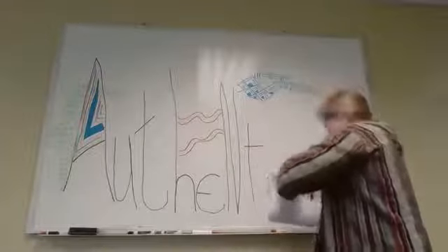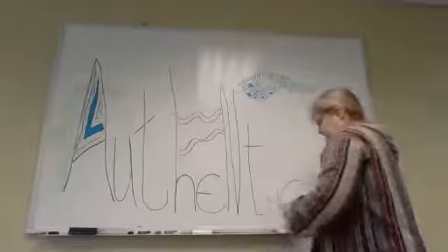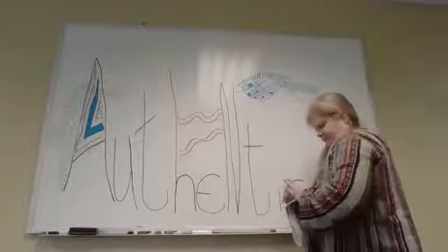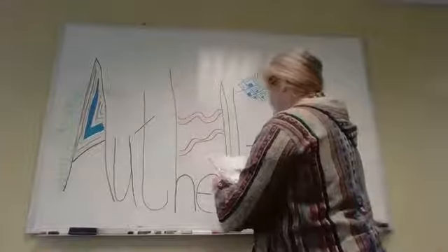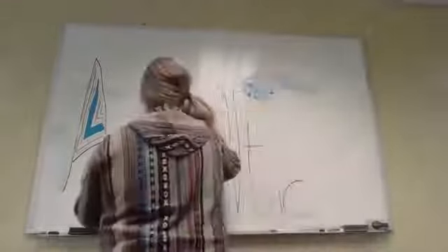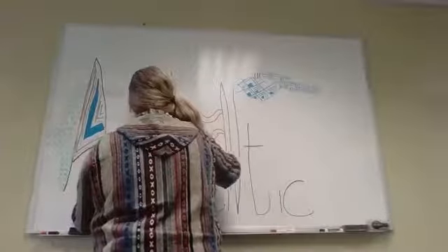And now we're going to add these lines in between the squiggles, and then we'll end up with this. And we'll add more lines on the outside. So I'll keep using red.